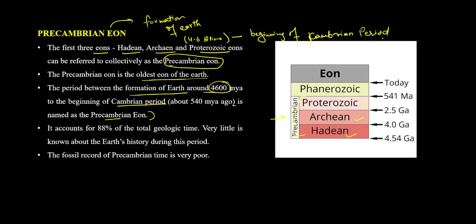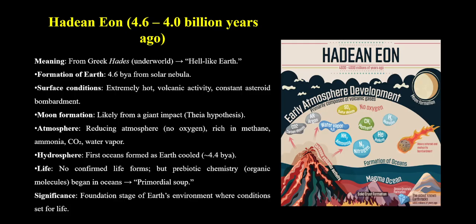This particular time is referred to as the Precambrian eon. This time period accounts for 88% of the total geological time. Then the fossil record is very poor for this particular time scale.